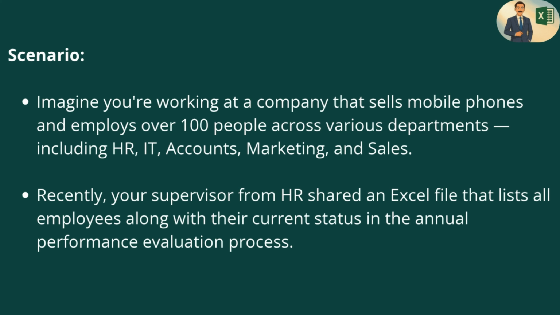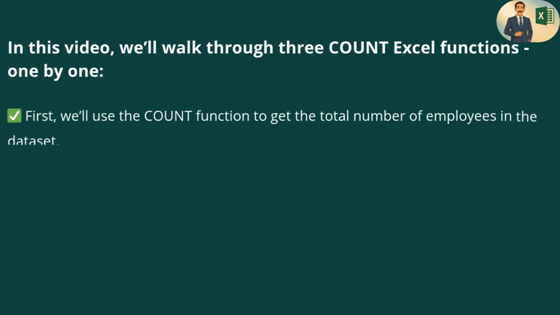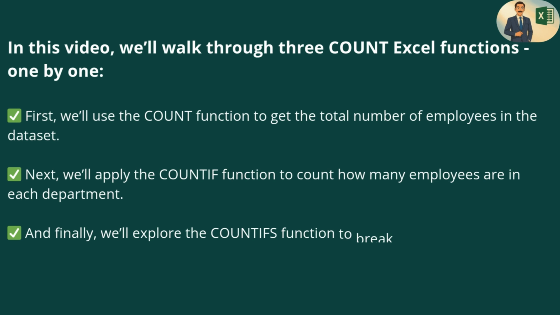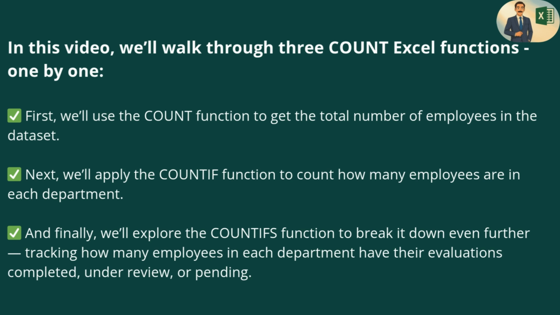Recently, your supervisor from HR shared an Excel file that lists all employees along with their current status in the annual performance evaluation process. Your supervisor has asked you to analyze the data, specifically to find out how many employees have completed their evaluations and how many are still pending, and to break it down by department.